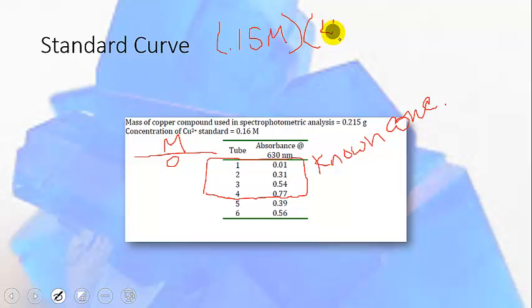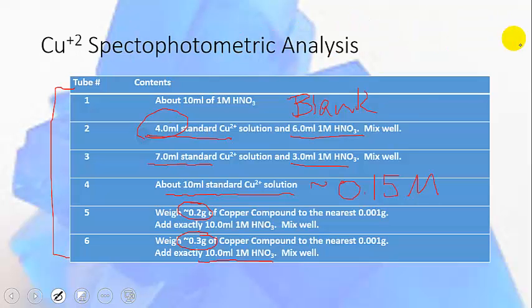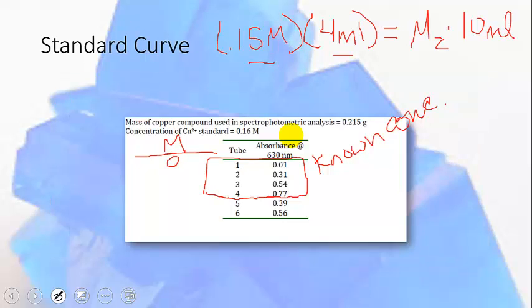That equals M2, which is what we're looking for, the molarity, times 10 milliliters, because that was our total volume. We had 4 milliliters plus another 6 milliliters, which is 10. That's how you solve for the molarity of test tube 2 and test tube 3.